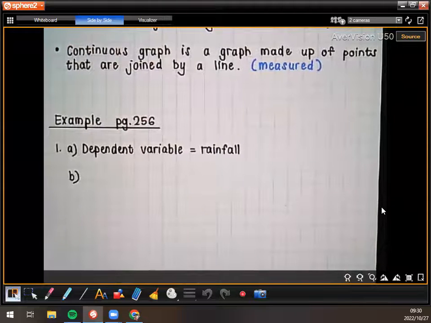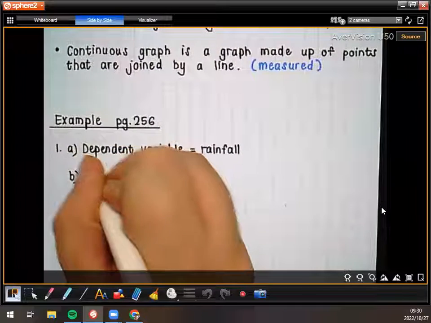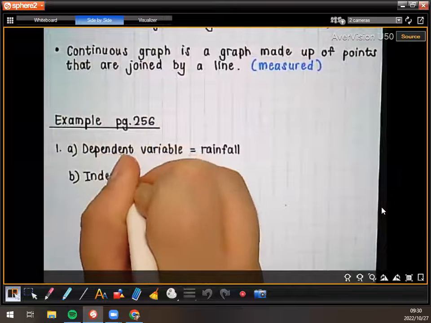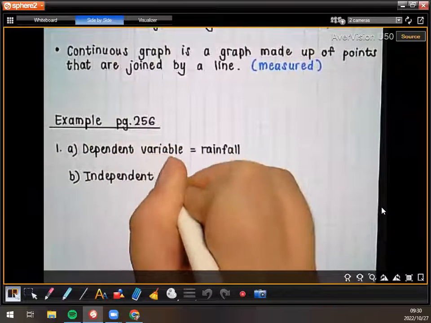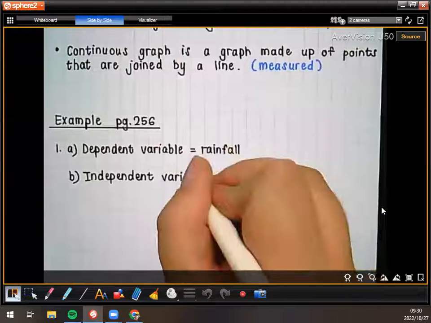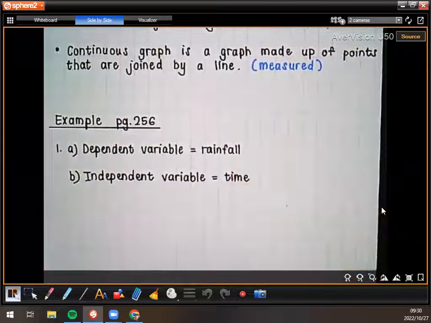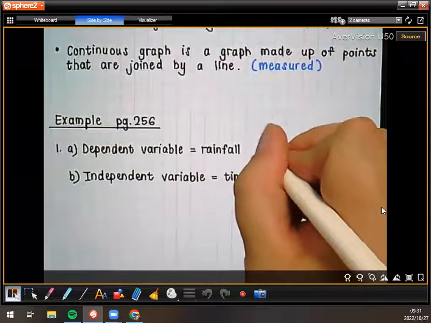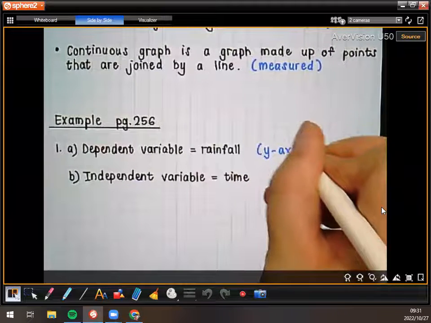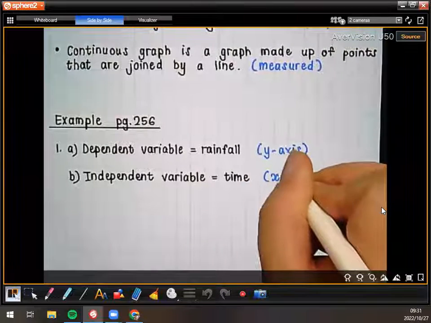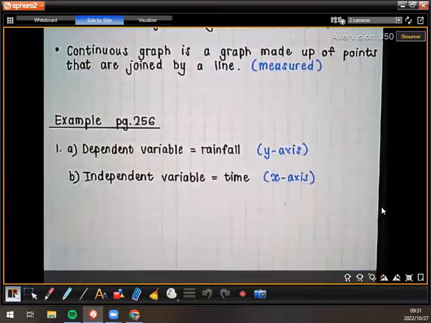Okay, the independent variable, that's the next question. That is time. Guys, I'm just going to add here as a note. Remember that this one is on the y-axis and that one is on the x-axis. All right, so if you're not sure which one is which, look at the axis that it's on.